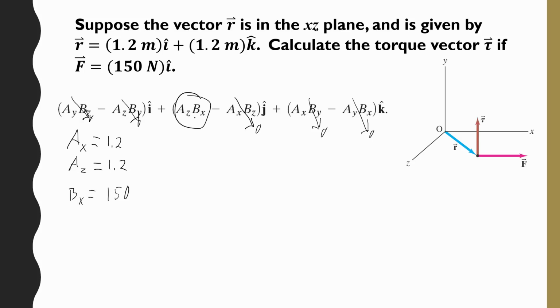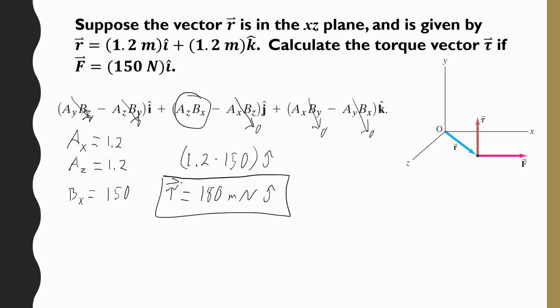Not too bad. We take the z component of the a vector, which is 1.2, times the x component of the b vector, which is 150, and that is going to be in the j hat direction. And then we just multiply, don't forget our units, so meter newtons, because we're talking about torque. And this is our torque vector, and it is in the j hat direction.